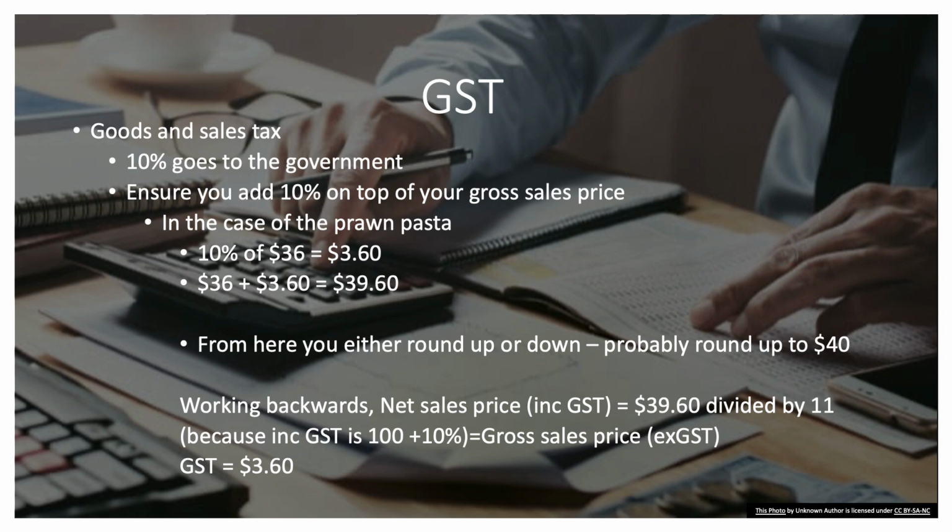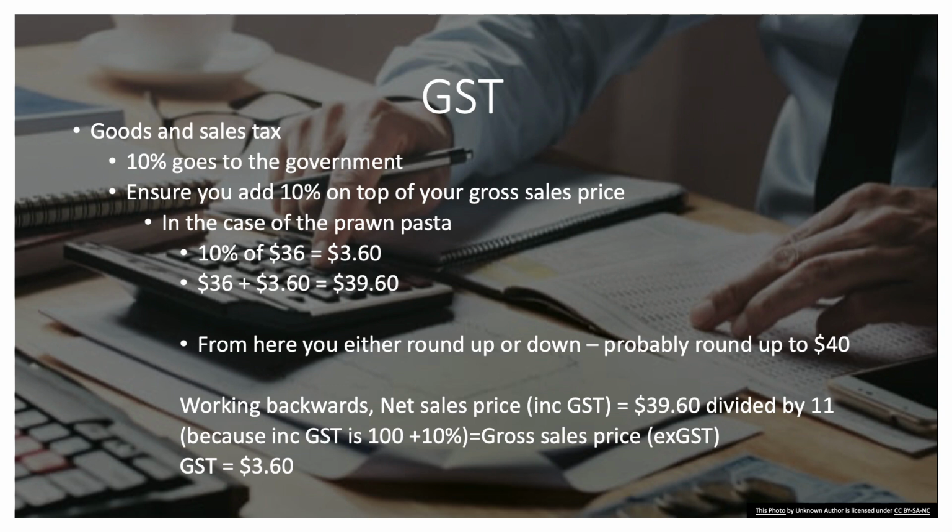Okay, so the prawn pasta, you can see there, 10% of $36 equals $3.60. $36 plus $3.60 equals $39.60. From here, you either round up or down, probably round up to $40. Okay. Working backwards, if the net sales price, including GST, so that's the price that's on the menu, is $39.60, you divide by 11, okay?